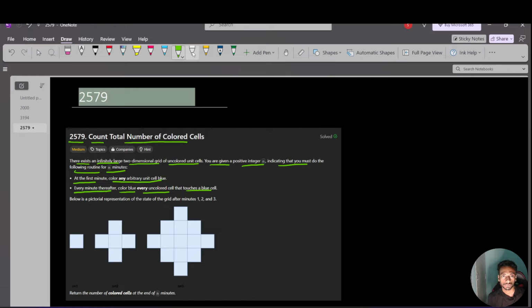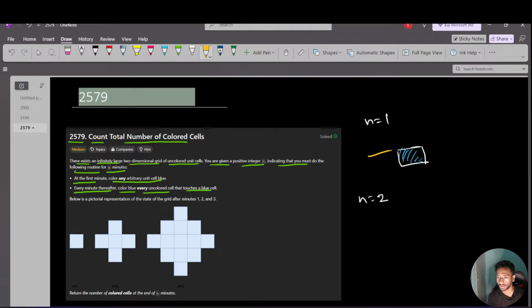For this example, suppose n is equal to 1. We randomly choose one cell and color it blue. Next minute, n is equal to 2. Whatever uncolored cells touch the colored cell, we have to color this time.